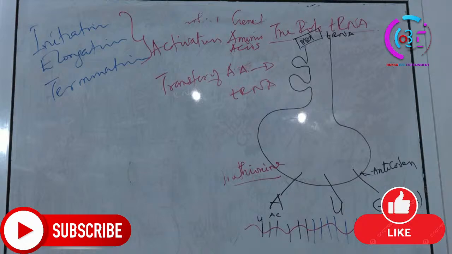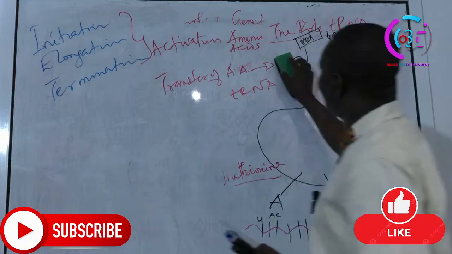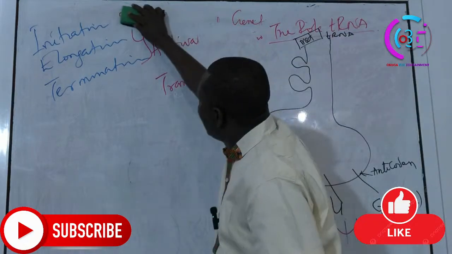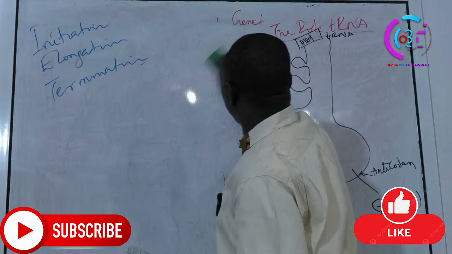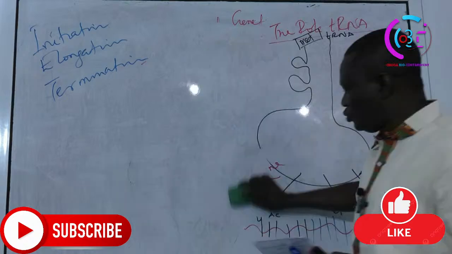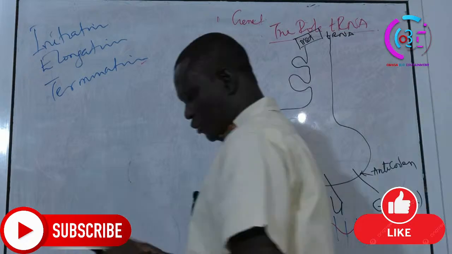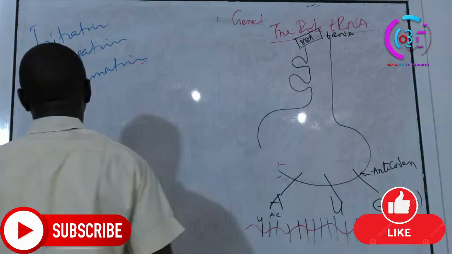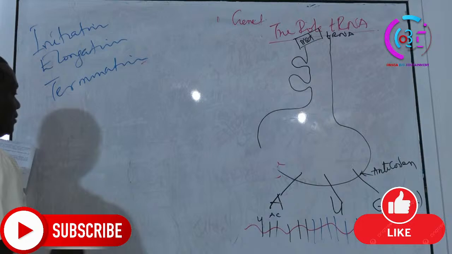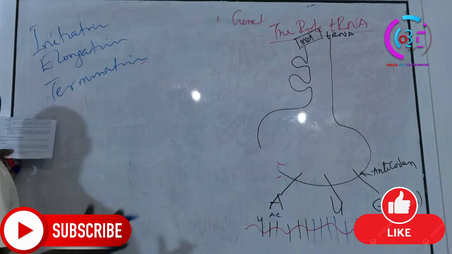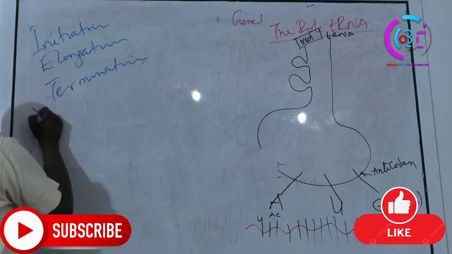So now let's try and be specific and examine each of these according to what will take place. At the initiation stage, there are two basic activities that will take place.